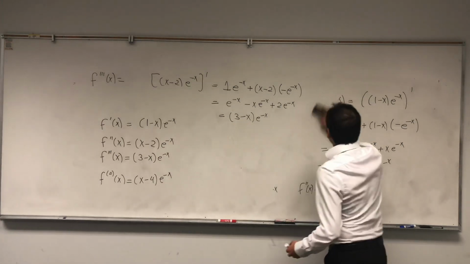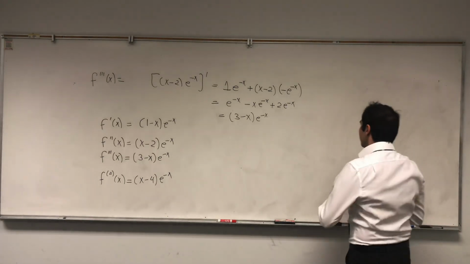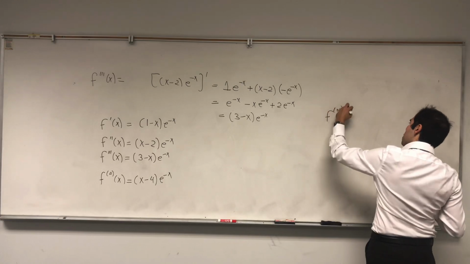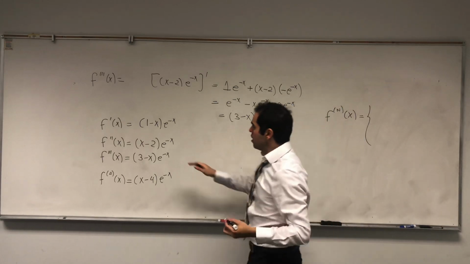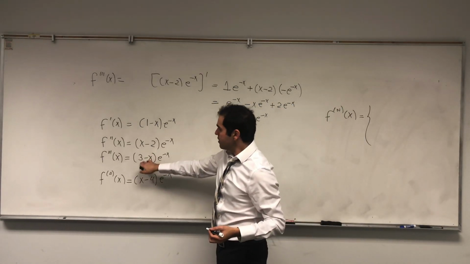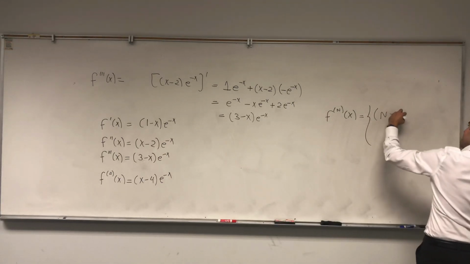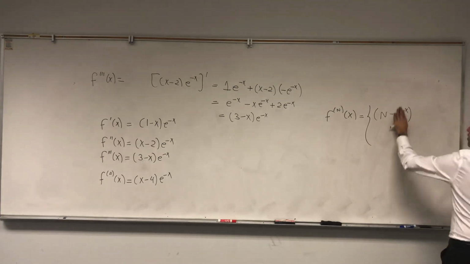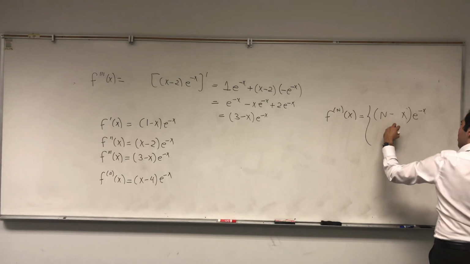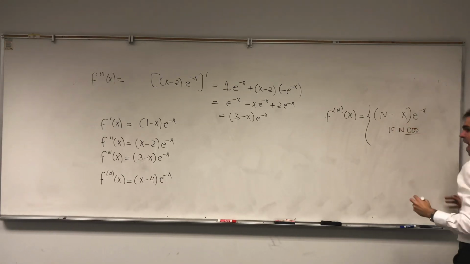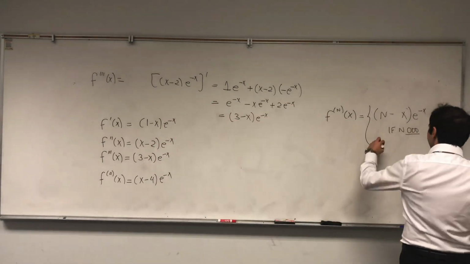So it looks like we have the following. The nth derivative has to do with even and odd numbers. For odd n, it's n minus x, e to the minus x. And if n is even, we have x minus the number of derivatives, e to the minus x.